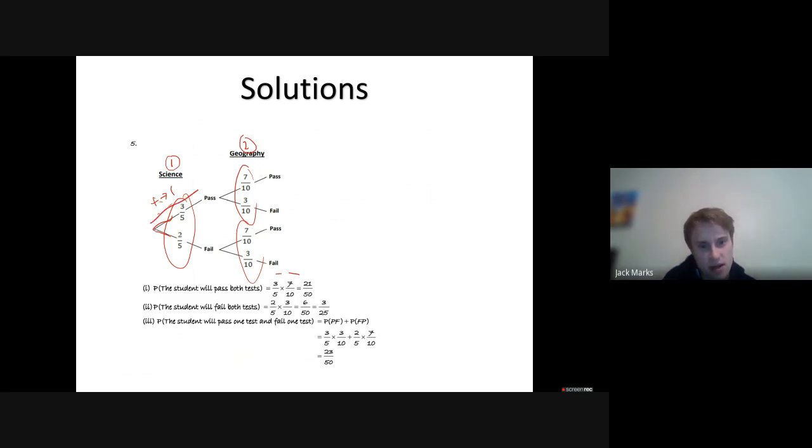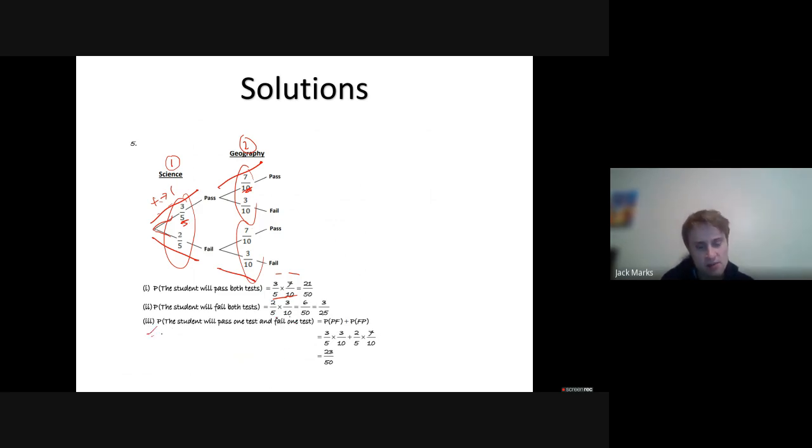So we go this way to pass, and then we do pass again this way. The probabilities that we come into contact with on our way, we multiply these together, okay? The person will fail both tests, so we do fail, then fail again, and we multiply these together.